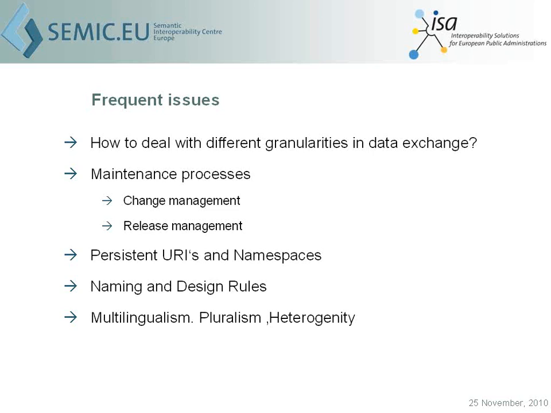A lot of projects do mapping and accept the loss of information when going to a higher granularity. Okay, maintenance processes. Of course, if you have a code list like a country code list, you need a process behind what to do if another country arises, or if a name changes.